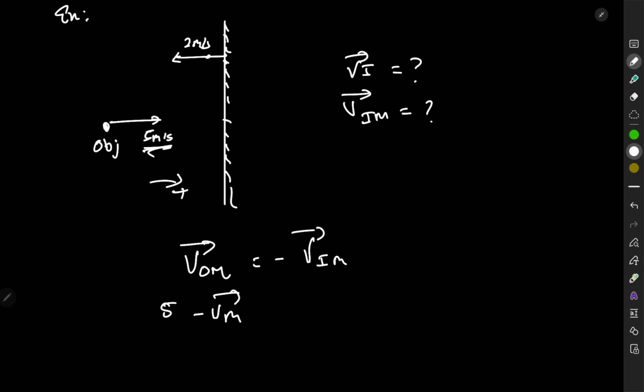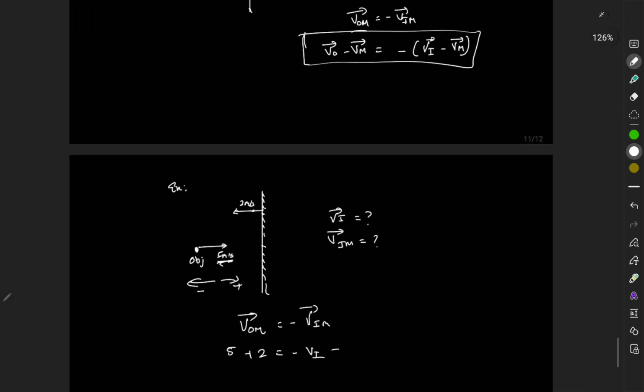So I will write plus 5, which is minus velocity of image plus velocity of mirror.